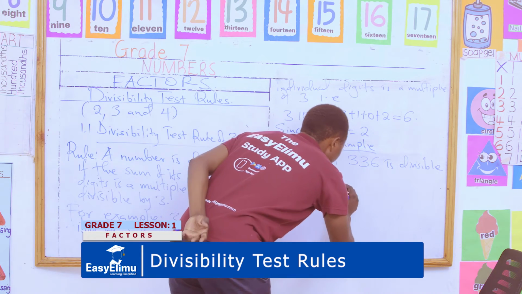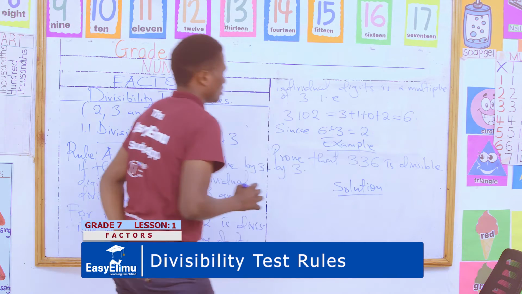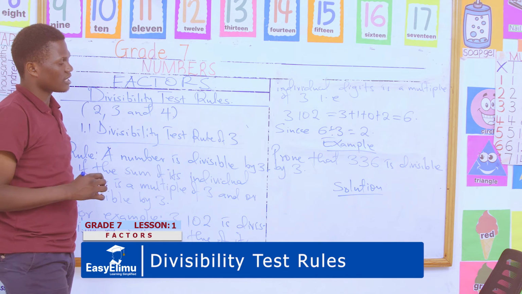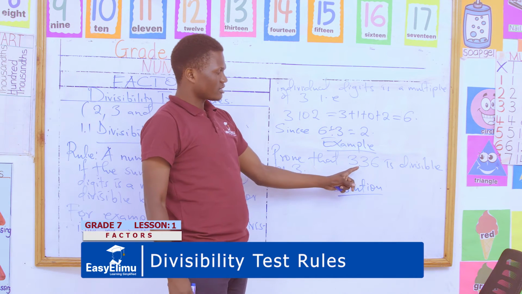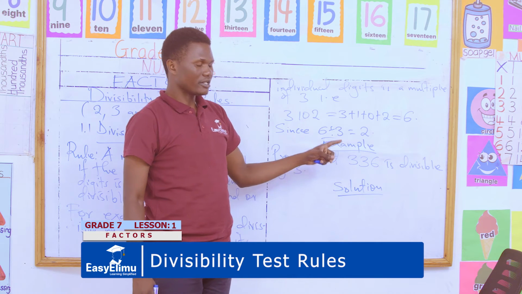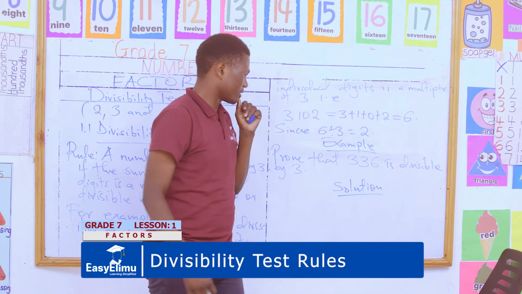Solution. Now that we know the divisibility test rule of 3, which states that a number, that is 336, can only be divisible by 3 if and only if the sum of its individual digits is a multiple of 3.